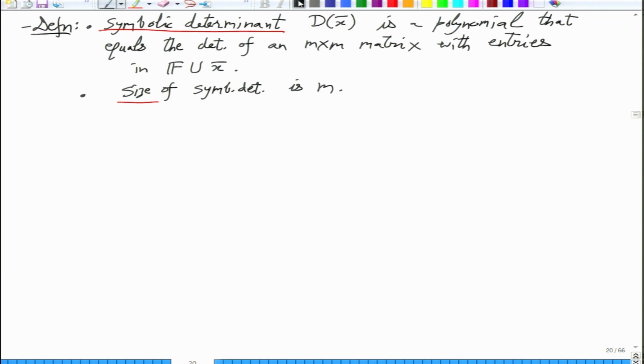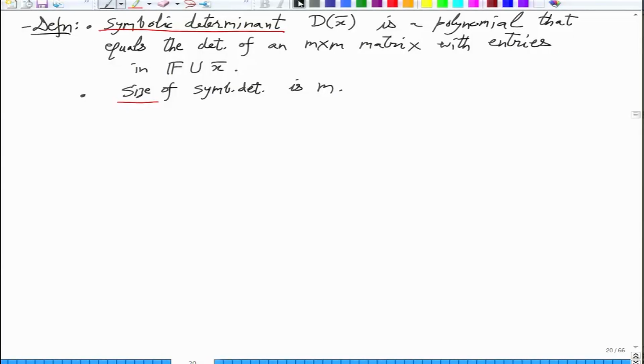We will say that a polynomial f has determinant complexity or determinant size m if that polynomial can be written as the determinant of an m by m matrix with entries that are literals, which are variables or field constants.